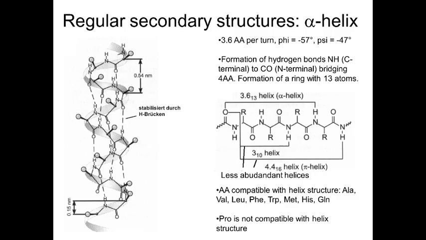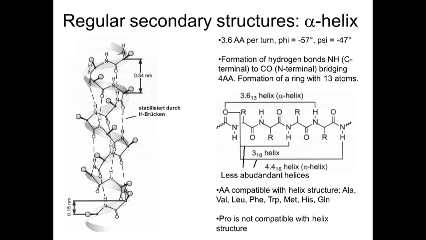The hydrogen bonds that are formed are such that the C-terminal NH group hydrogen bonds with the carbonyl group at the N-terminal position, and within the hydrogen bond, 4 amino acids are in between.